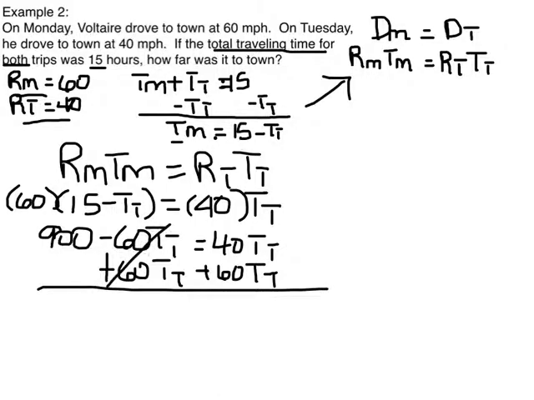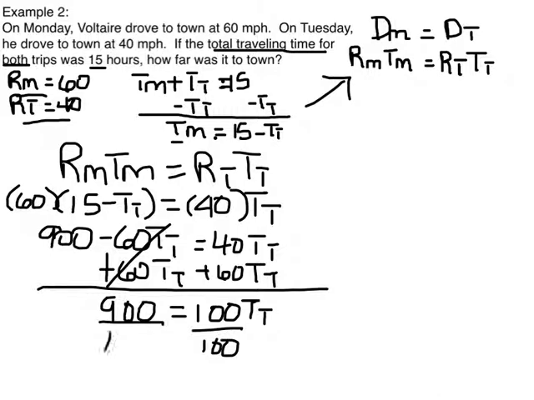And I get rid of it over here. 900 is equal to 100 TT. Divide by 100. And I'm going to get my time of Tuesday is 9.